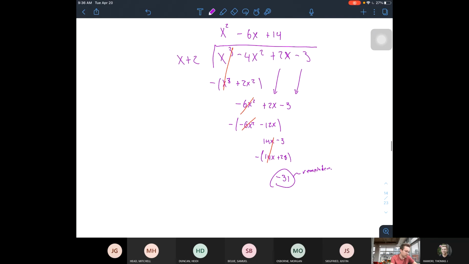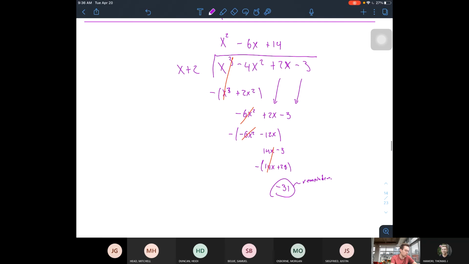Okay. Also, this one we call our divisor, and this one we call our quotient. Okay, so we have a remainder.